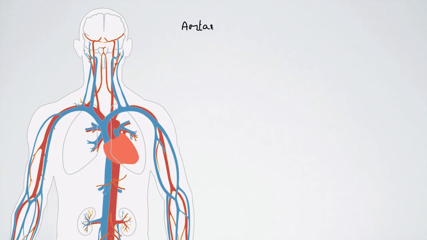And from the aorta, it's going to go to arteries. And from the arteries, it's going to go to arterioles. And from the arterioles, it's going to go to the capillaries.